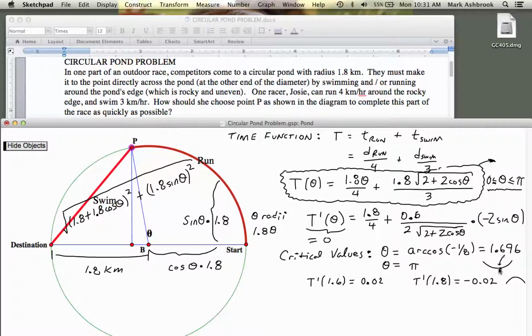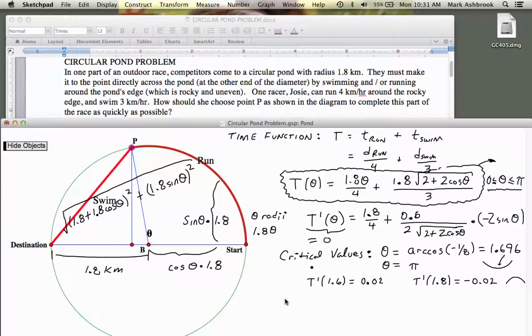Not a minimum as we were expecting, but this is actually a local maximum at this angle of 1.696. It's looking like this is the longest time for her to run to this point and then swim like this, not the shortest, based on this analysis here.